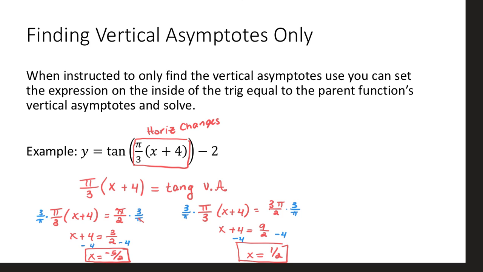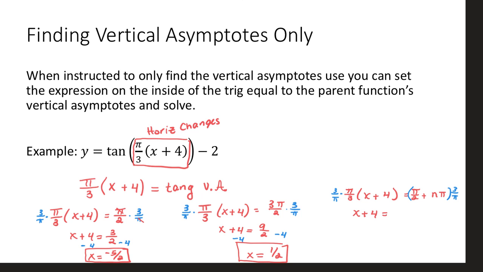We know that all the vertical asymptotes of tangent are pi over 2 plus pi n, or n pi. And we can solve this equation like we did before, where we'll leave n as a variable, so that we can find all of these values of my vertical asymptotes. Multiplying by the reciprocal would give me x plus 4 on one side.